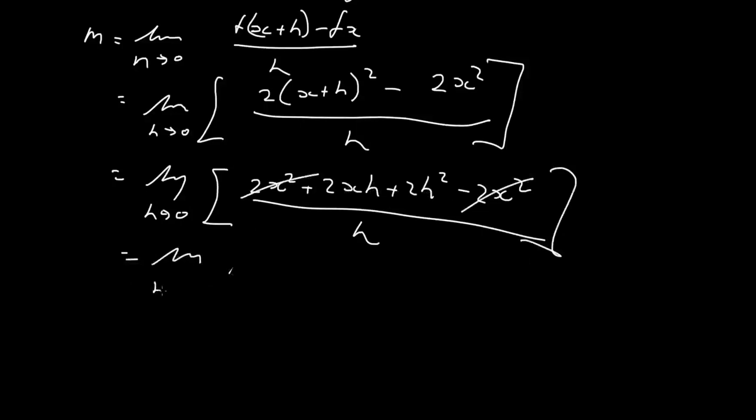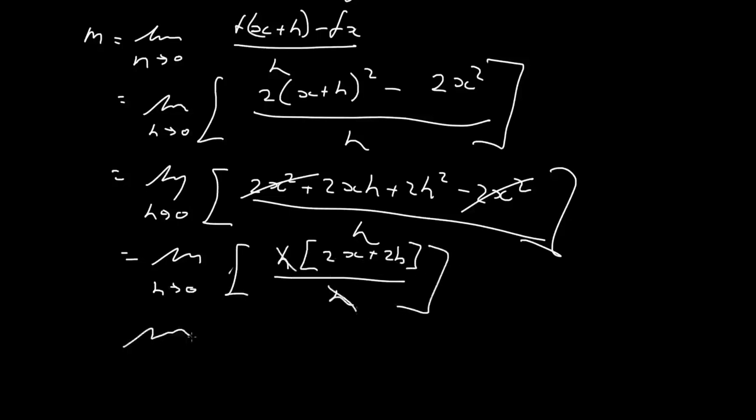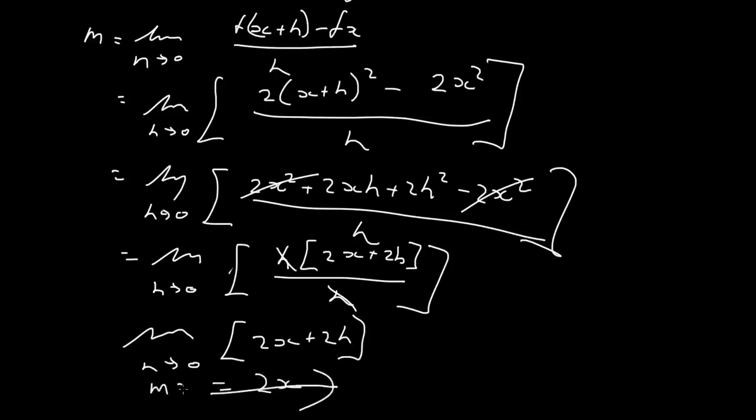So limit as h tends to 0 of h into 2x plus 2h over h. h and h cancels. It's the limit as h tends to 0 of 2x plus 2h, which is equal to 2x if I substitute 0 in for h. So there is your gradient. So m equals 2x. Okay, and that's how to differentiate by first principles.